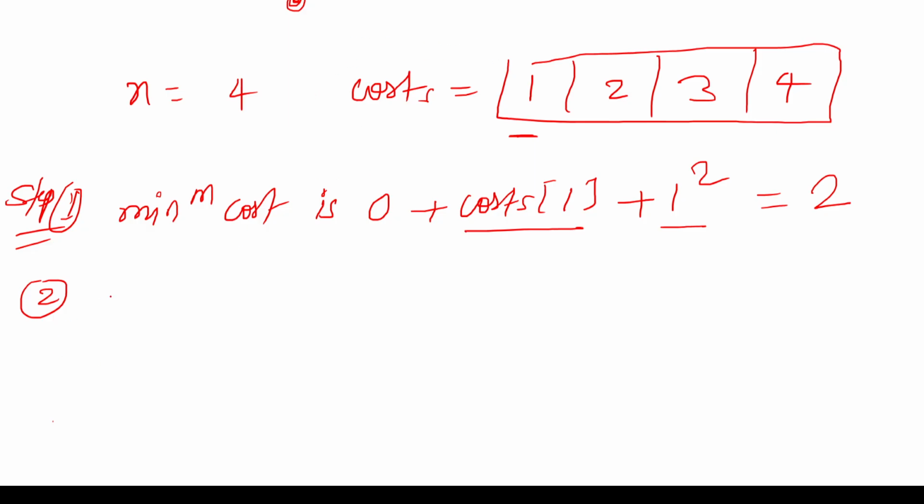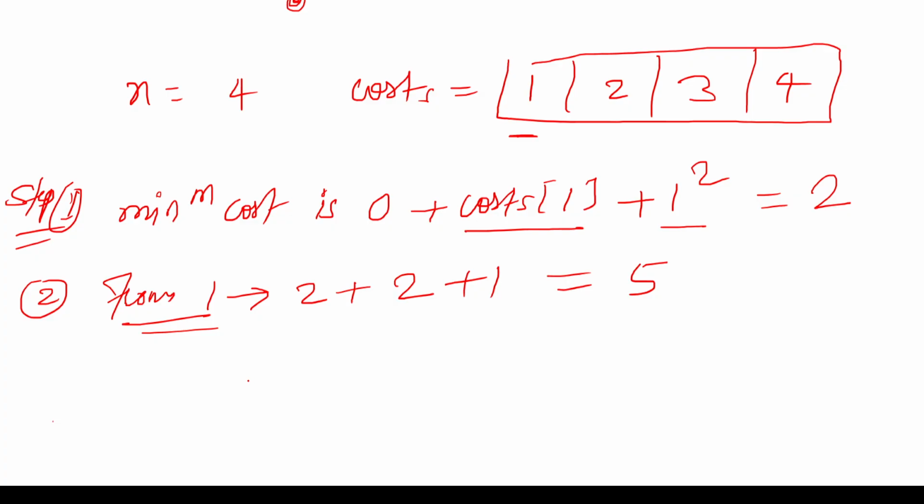Let's suppose the option is from 1 to 2. Here we need to add 2, so when we start from 1, it is 2 plus 2 plus 1, the j minus 1. It comes to 5.